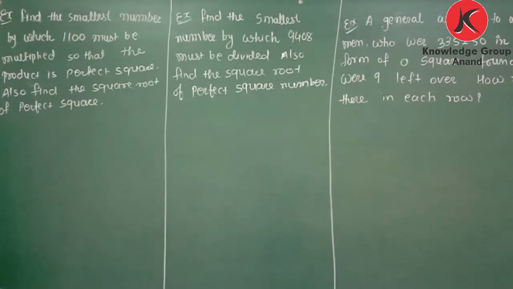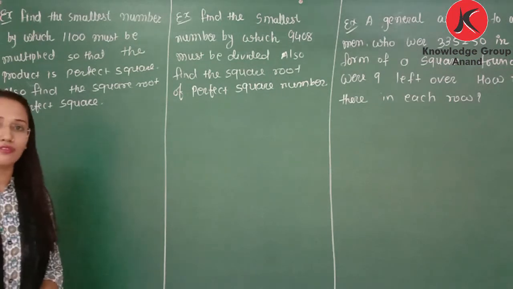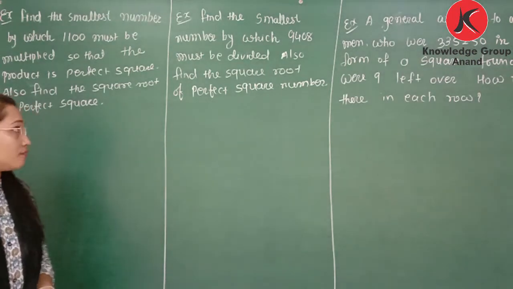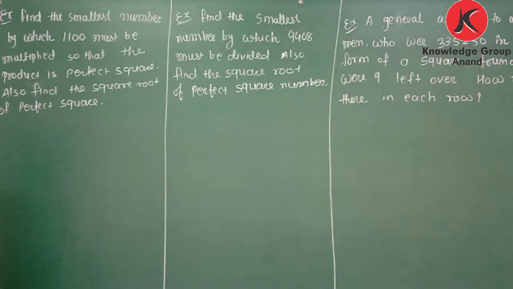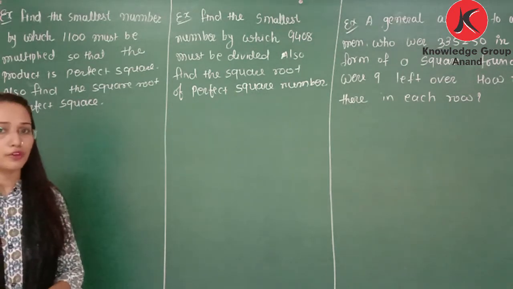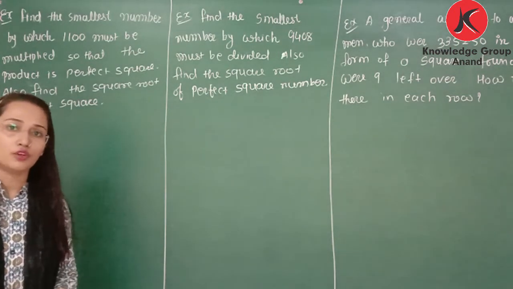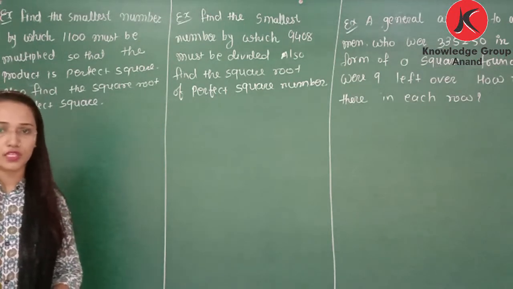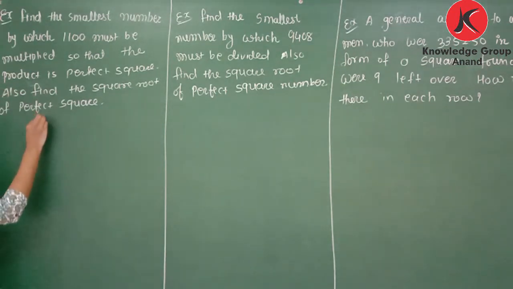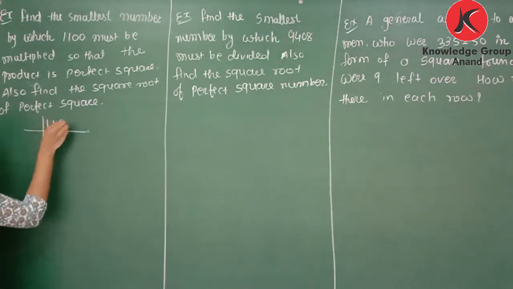Now next, find the smallest number by which 1,100 must be multiplied so that the product is a perfect square. Also find the square root of the perfect square. First of all, we need to find the number that we should multiply with 1,100, so that after multiplication we get a perfect square number, and we need to find the square root of that perfect square number. Let's find the prime factors, because it is an example of multiplication.